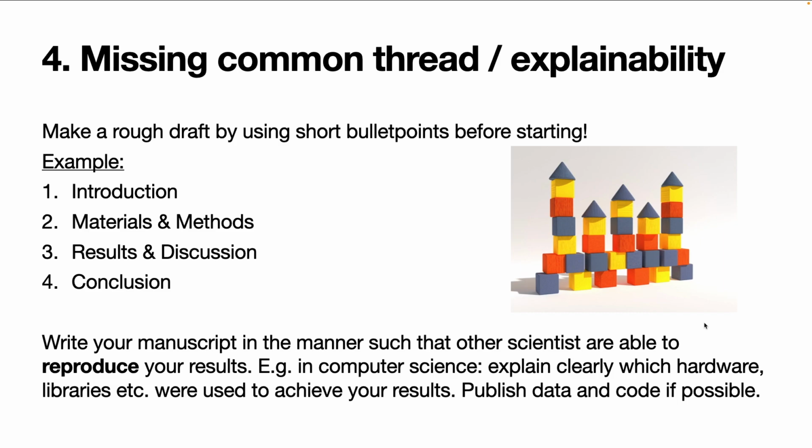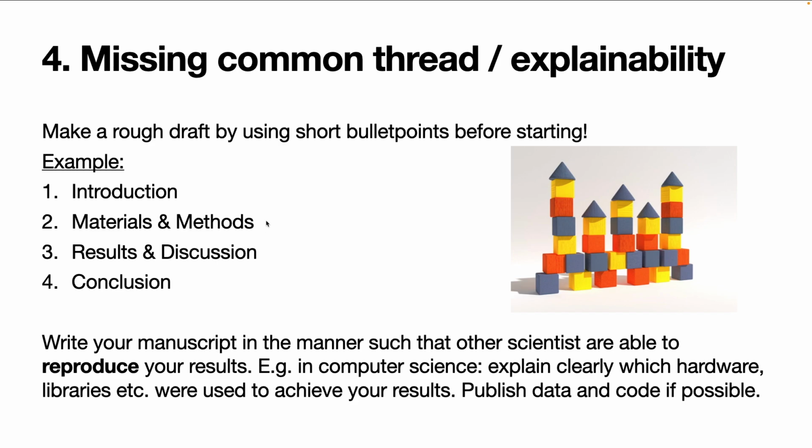So another mistake is missing common thread. As I said before, make a rough draft by using short bullet points before starting. Your paper should have the following outline. You should start with an introduction where you cite relevant literature and you introduce your topic. In the second chapter, you should describe materials and methods. These two topics can also be separated. So if you do not use materials, you can include, of course, methods only.